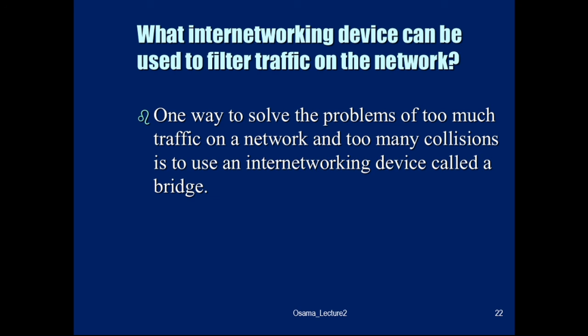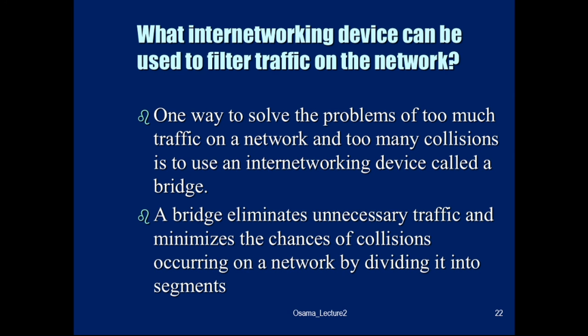To solve the collision problem, we use an interconnecting device called a bridge. Okay, bridge. You will speak about the bridge in the coming lectures. The bridge eliminates unnecessary traffic and minimizes the chance of collisions occurring.